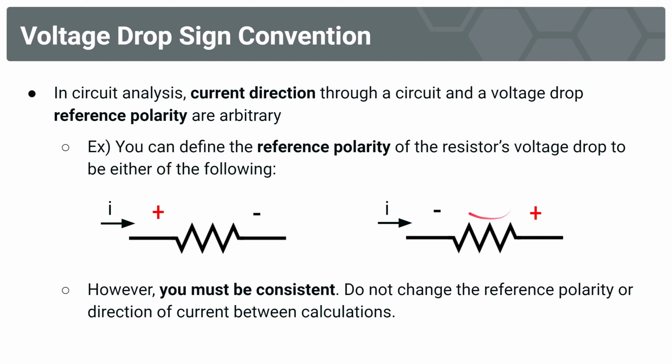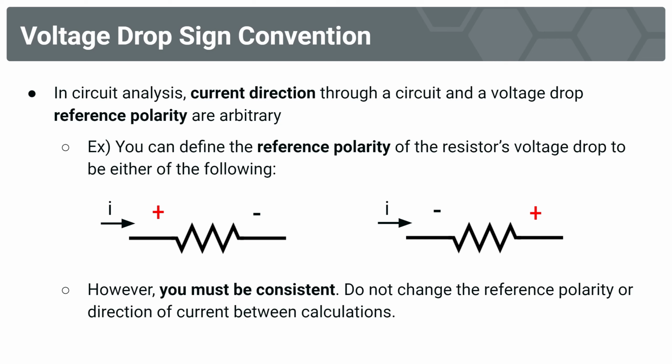And the reference polarity, in reference to the current direction, affects the sign of the voltage drop, whether it's positive or negative. And the only rule here is that you have to be consistent. Once you define your reference polarity, once you define your current direction, you can't change them, especially between calculations, or you're going to get the wrong answer.